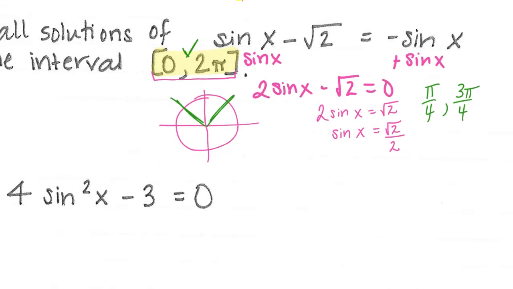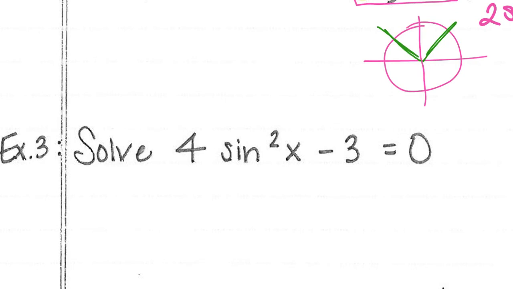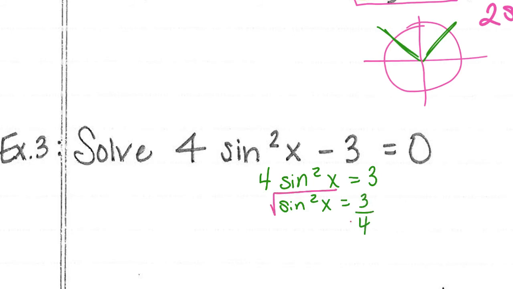All right, let's look at one more. Great job so far. Good old solving like Algebra 1. I'm going to add 3 over. I'm going to divide by 4. And because of that square, I do have to take the square root of each side, which works out so perfectly.